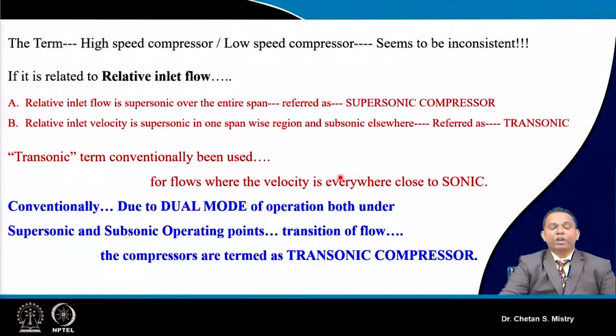If my relative inlet velocity is supersonic in a particular span region and subsonic in the remaining region, then we call it a transonic compressor. So do not get confused between the supersonic compressor and the transonic compressor.